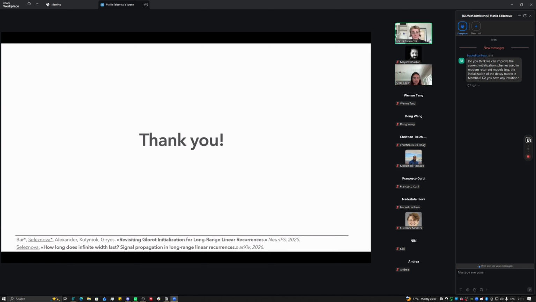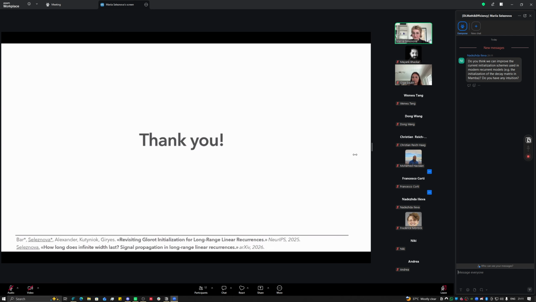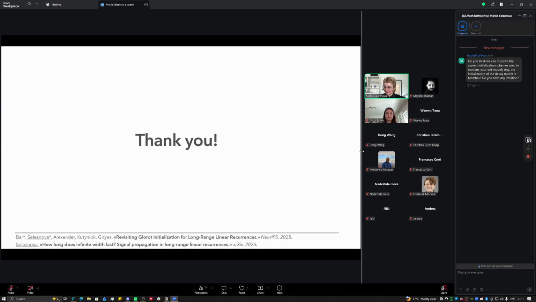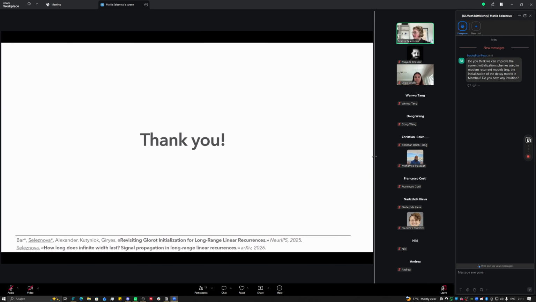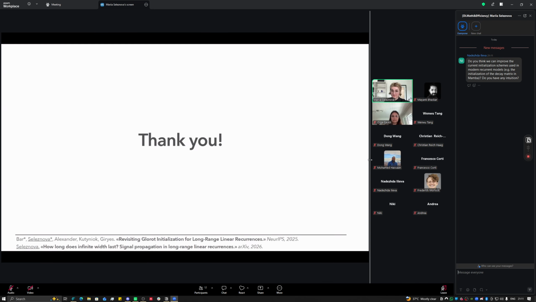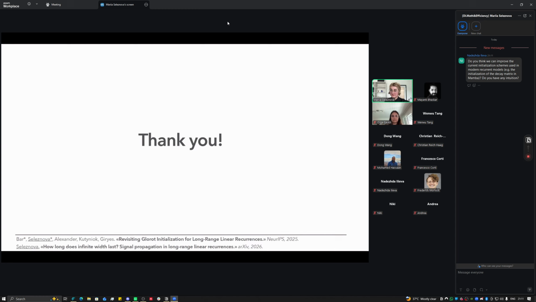Great question. The motivation behind this work was that I looked at these long-range models, like Mamba, and they use quite complicated initialization and parameterization schemes. For me, it's very unclear why this is necessary. So I think what we can improve is at least removing the unnecessary parts. I went through papers on long-range recurrences.